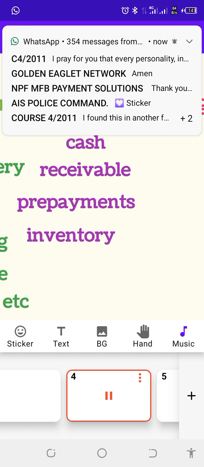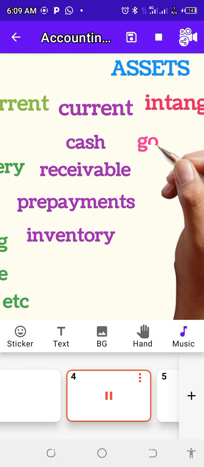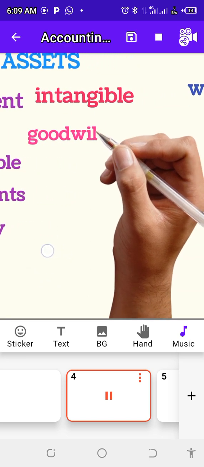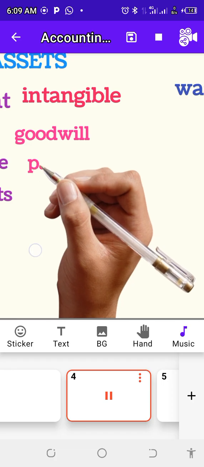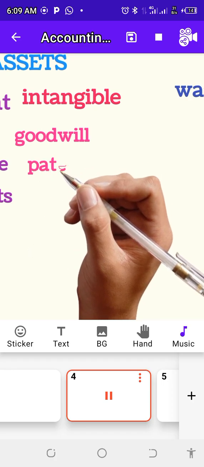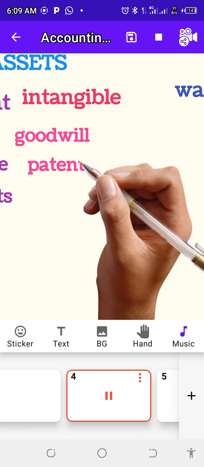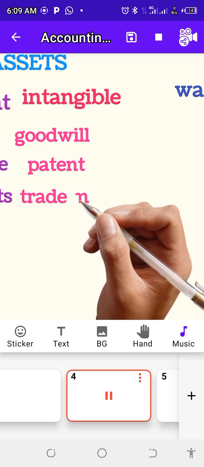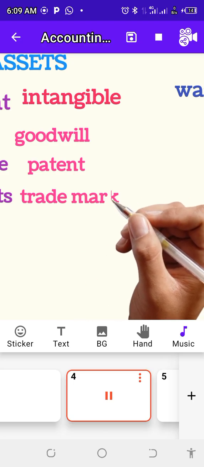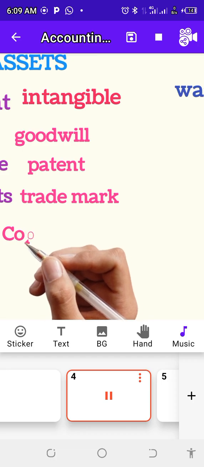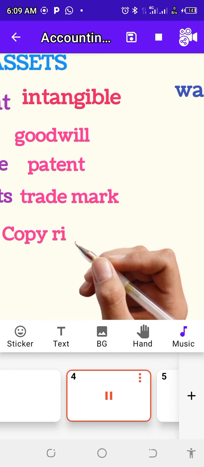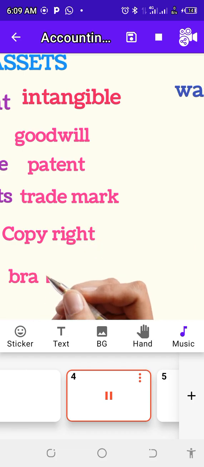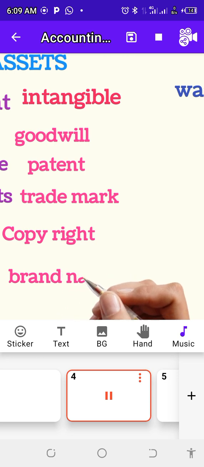Then, under intangible assets, we have goodwill. We have patents, at times called patent rights. Then trademark. We also have copyrights as examples of intangible assets. Then finally, brand name.